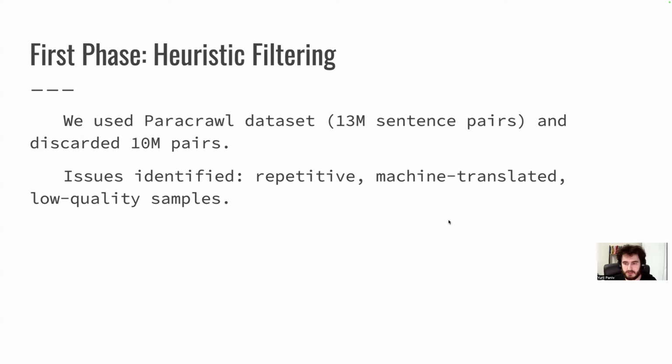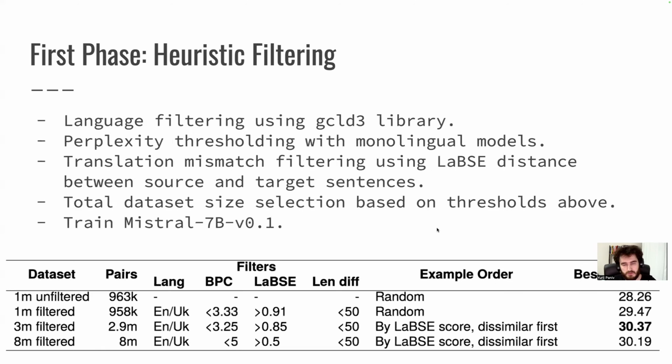The first phase that we applied for training is heuristic filtering. We used the ParaCrawl dataset, which consists of 13 million sentence pairs, and discarded 10 million pairs. The issues that we identified are that there are repetitive, machine-translated, and low-quality samples in that dataset. So we applied language filtering using the GCLD3 library.